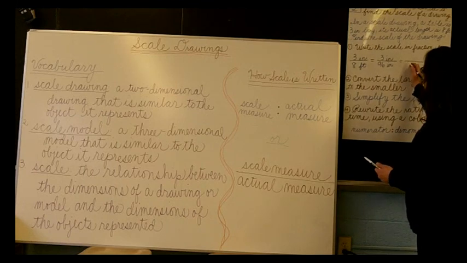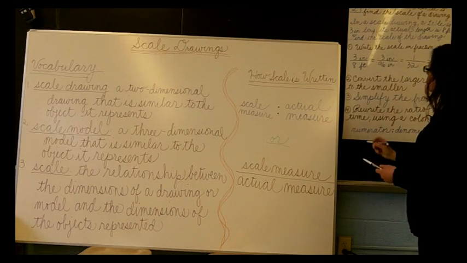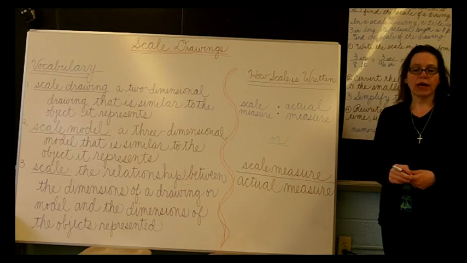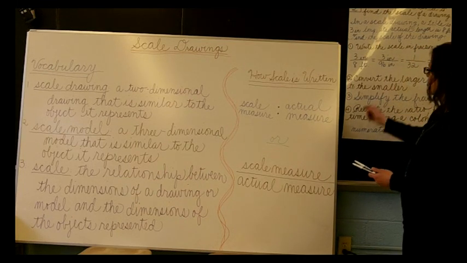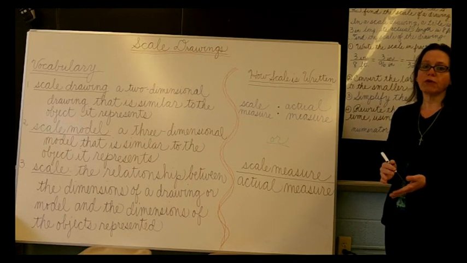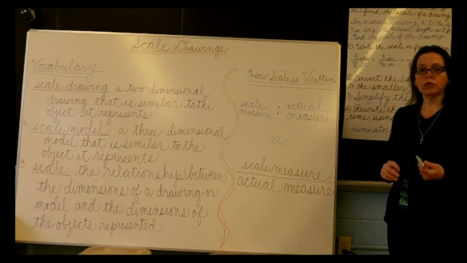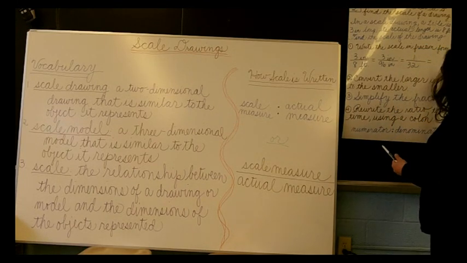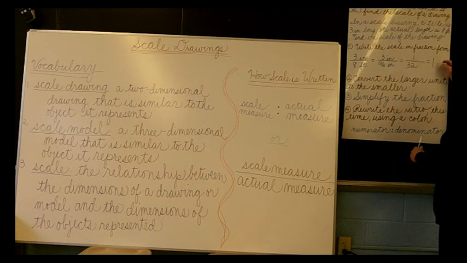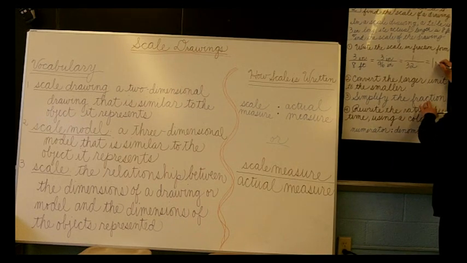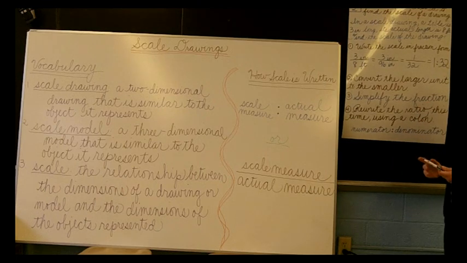So 3 over 96 gets simplified to 1 over 32. And our last step, now that we have a numerator of 1, is to rewrite this scale using the colon. Our numerator comes first, so our scale for this problem is 1 to 32.